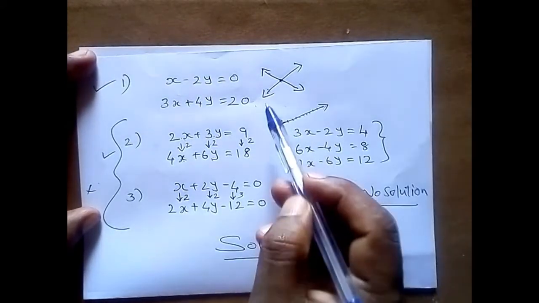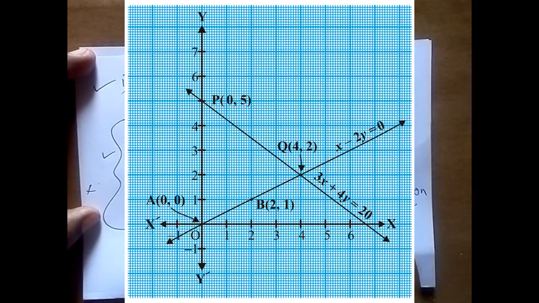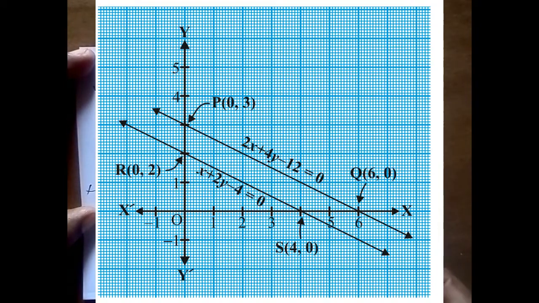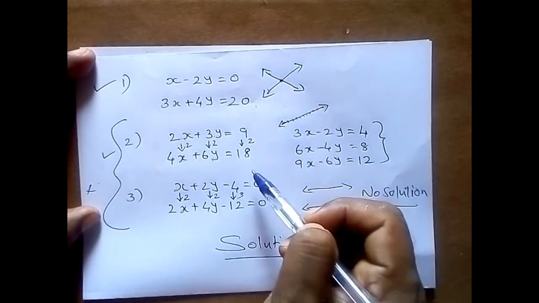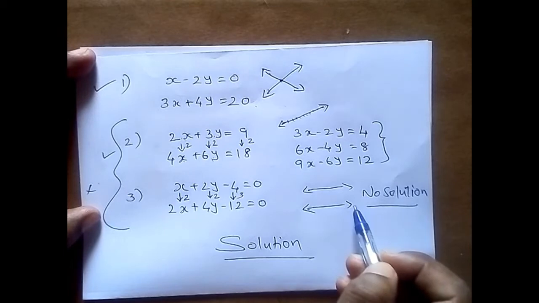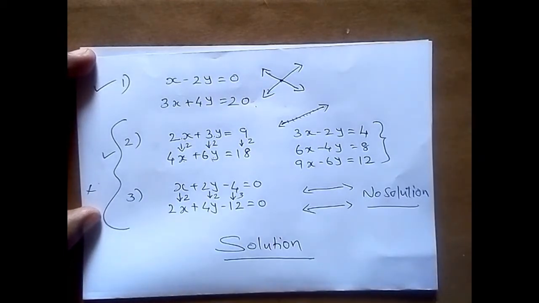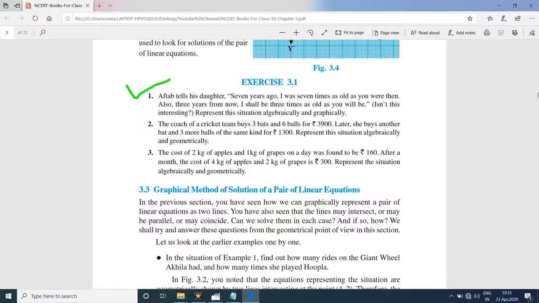So the first case is one point, the second case is all points, the third case is no point. So here the solution is 1, here all the points are solutions of these equations, and here there is no solution for these two sets of linear equations. Now we are going to the exercise.